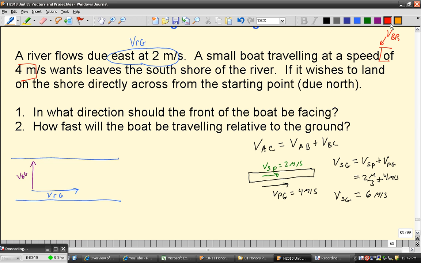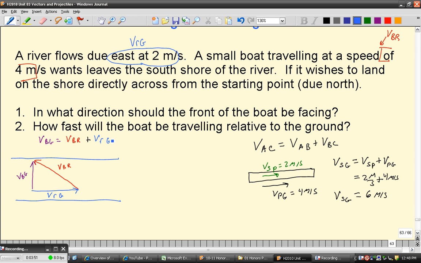What that means is when we add, I'll use red like I did up here, the velocity of the boat relative to the river, it's got to go in this direction. So this is the velocity of the boat relative to the river. Notice the velocity of the boat relative to the ground is still equal to the velocity of the boat relative to the river plus the velocity of the river relative to the ground.